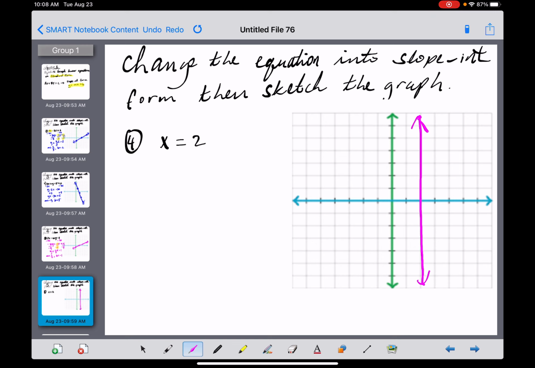And if you look at this, the slope, which I didn't ask you to identify, but we'll identify it anyway, the slope is undefined because we cannot walk vertically. And the y-intercept is none because it doesn't touch the y-axis at all, so therefore it's none. Okay, and we are done.